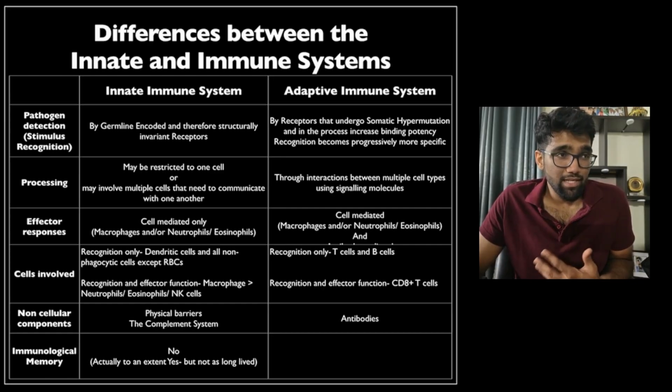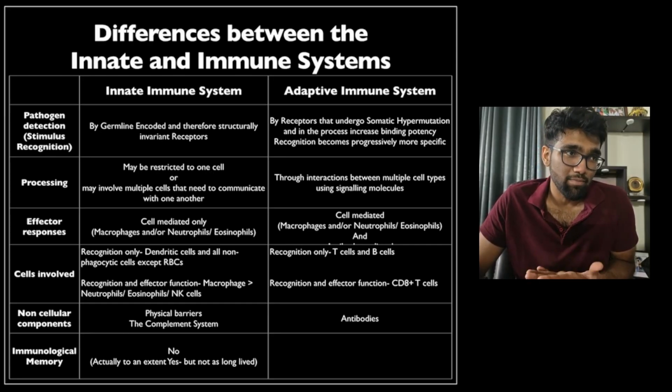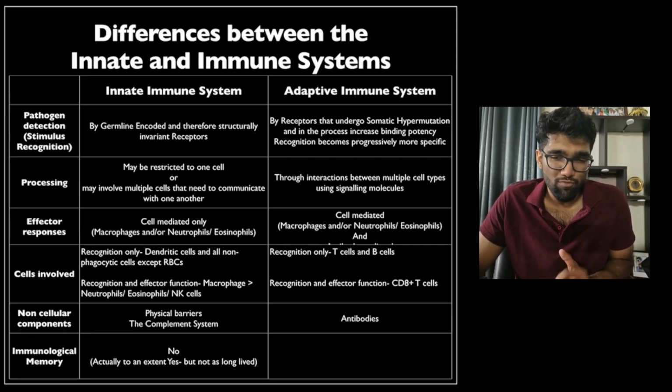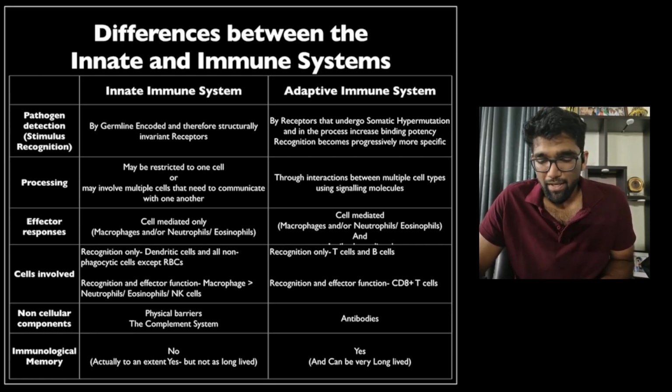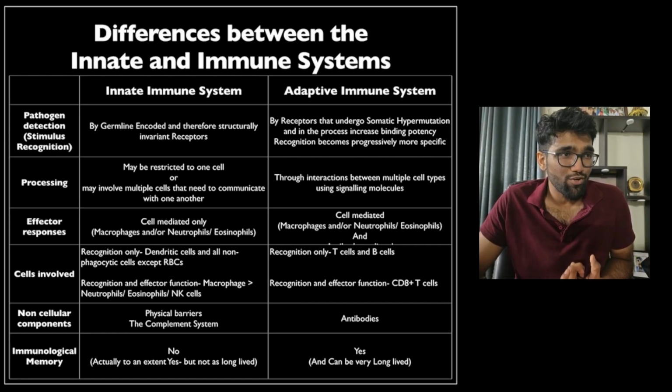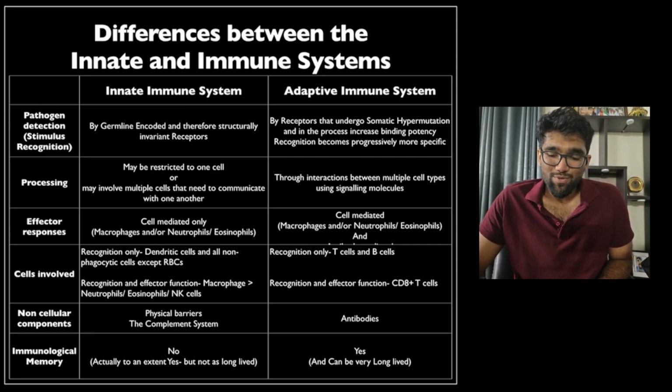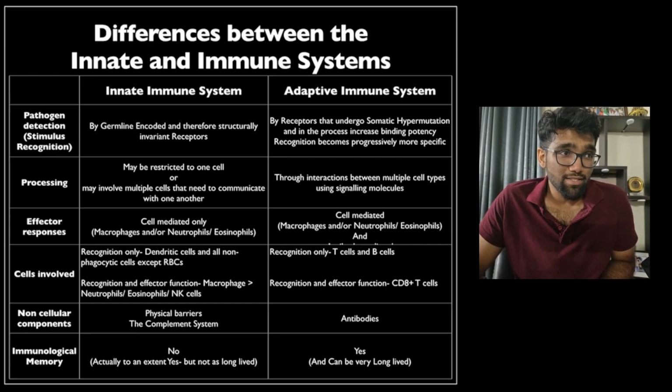But yes, the innate immune responses do not have long-term memory, as in they are not long-standing, because the molecular mechanisms by which it occurs often get overridden over time. Whereas adaptive immune responses are characterized by memory, and the basic unit of this memory is actually a cell, which can be very long lived, as long as the life of the host or the human. It can be as long as the person is alive.